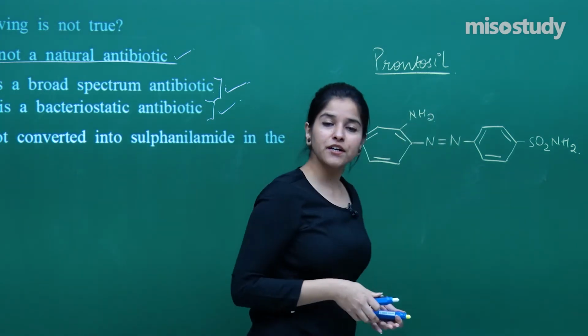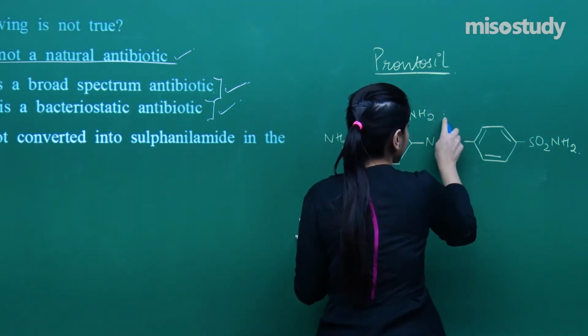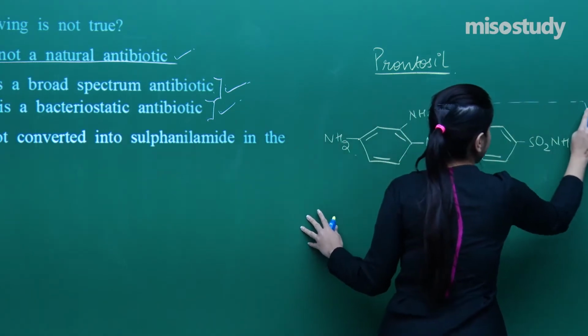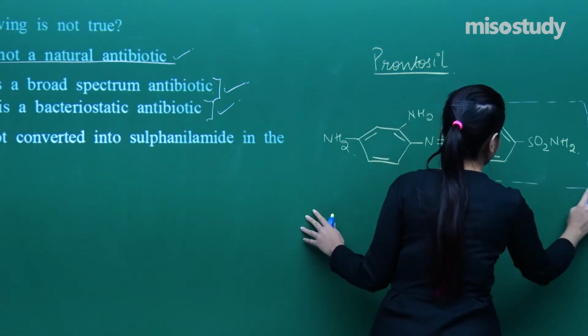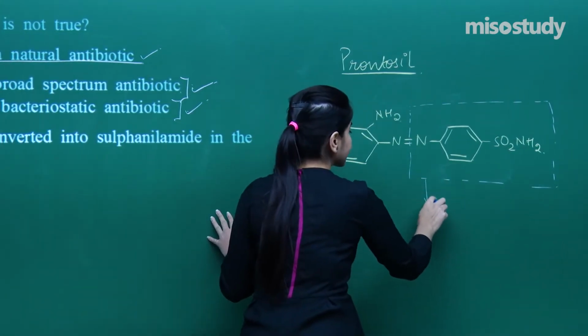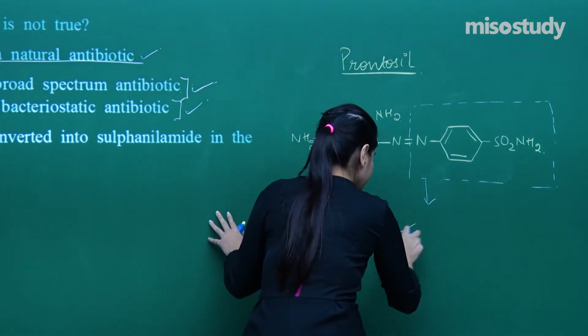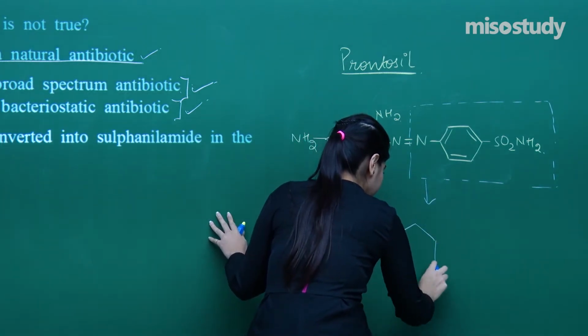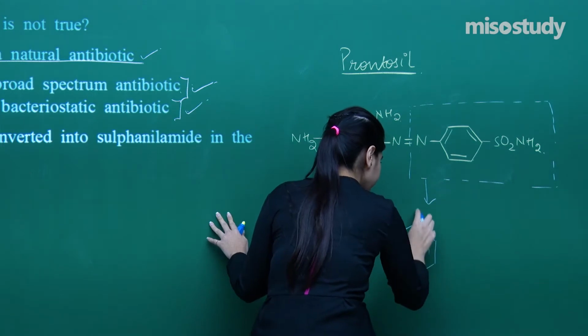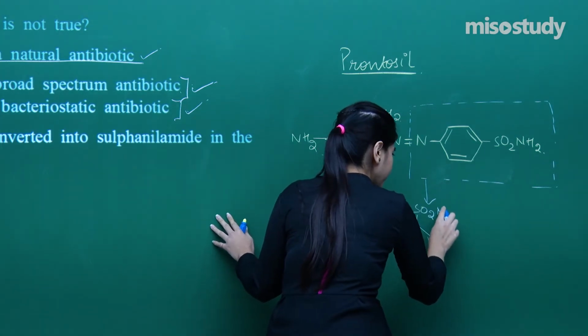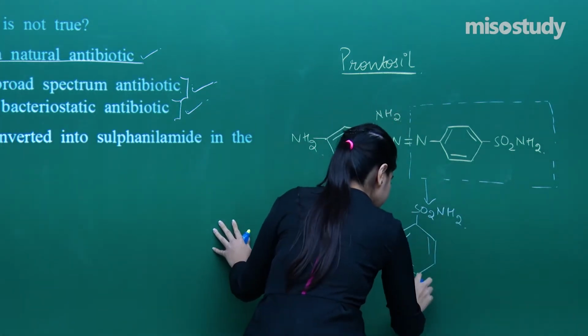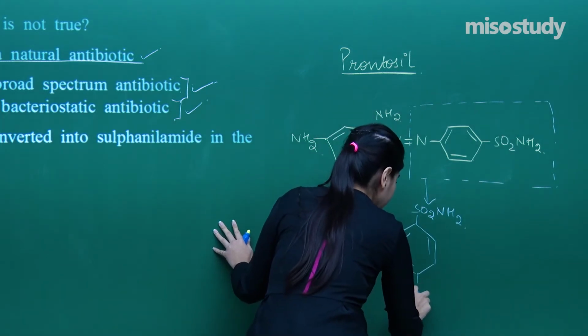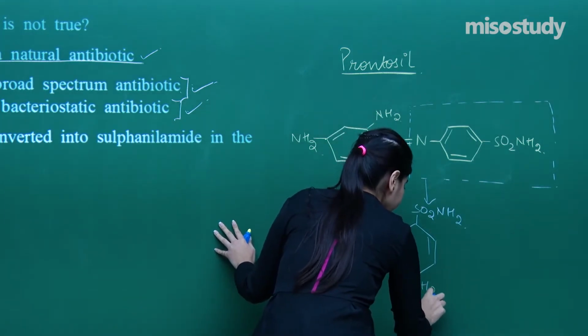And if you see over here, which is the sulfanilamide group? That is the sulfanilamide group. And it actually gets converted into parasulfanilamide whenever it gets into the body. So this would be NH2.